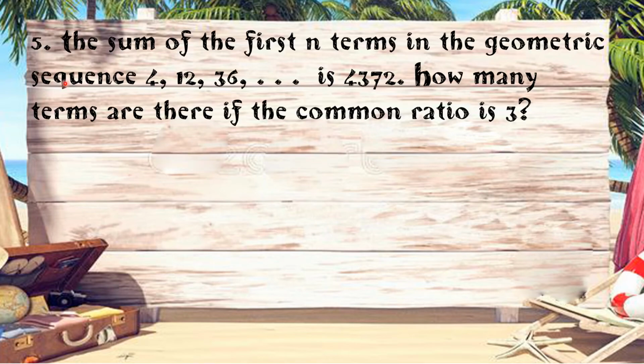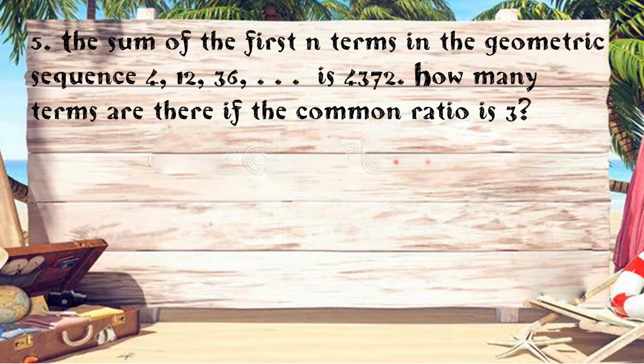Example 5. The sum of the first n terms in the geometric sequence 4, 12, 36, and so on is 4,372. How many terms are there if the common ratio is 3? Now, in this example, binigay na yung sum, which is 4,372. Pero, hindi natin alam kung ilang terms yung in-add para maging ito yung sum.